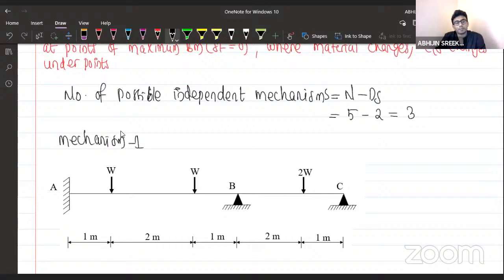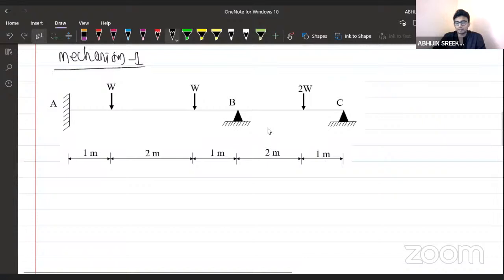This is mechanism 1. I'm considering this span here, this is BC. At collapse, the beam is going to deflect like this.